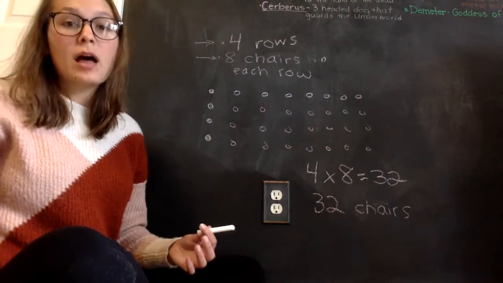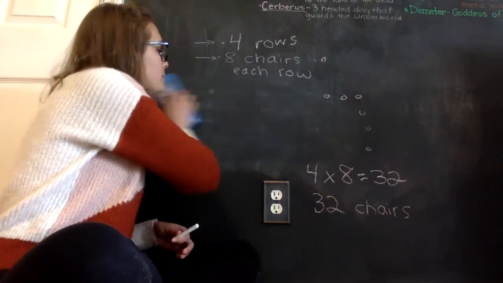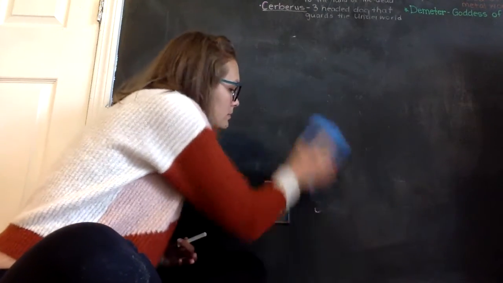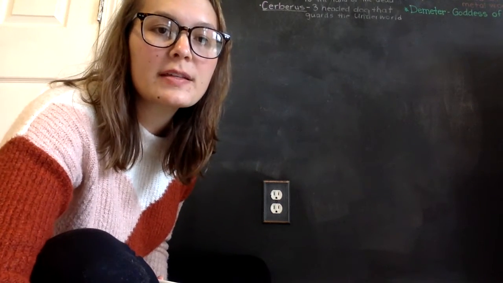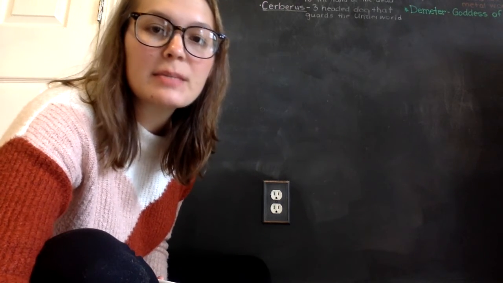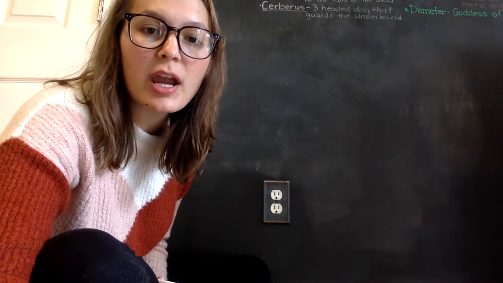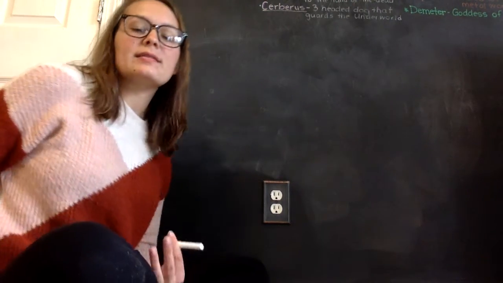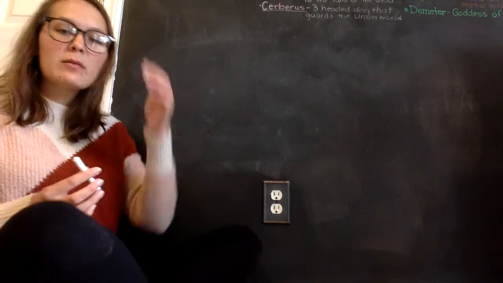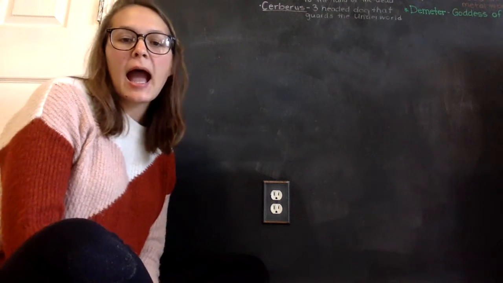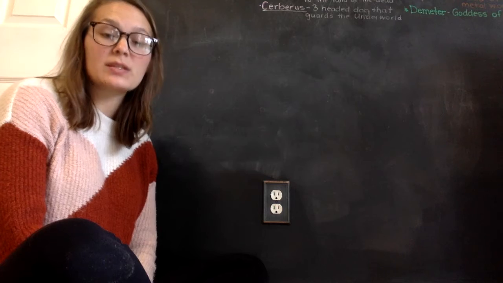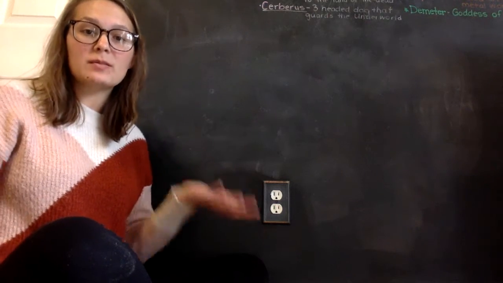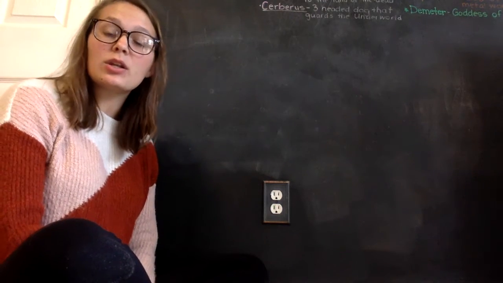Let's try another problem now. All right, with this one, it says Bobby wants to share cookies with his 6 friends. If he makes 24 cookies, how many will each of his friends get? Okay, so step 1, what does this problem tell us? What do we need to know?